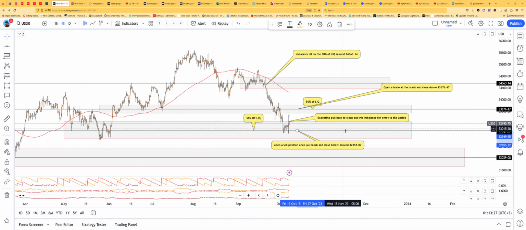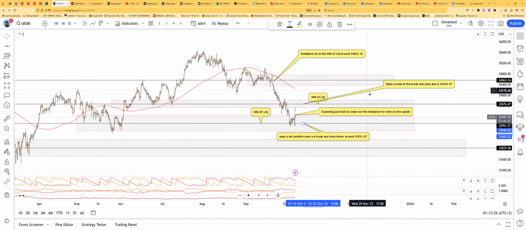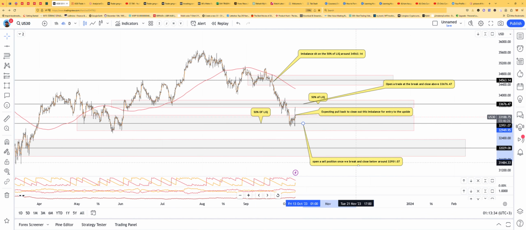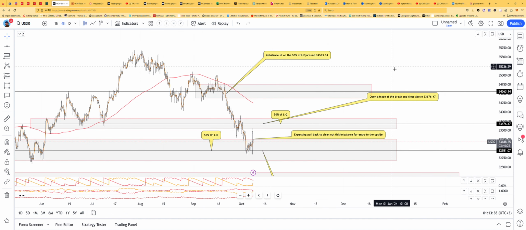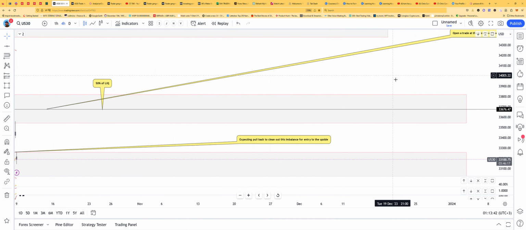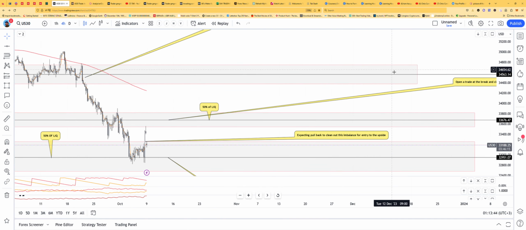Alright, so I think the write-up is too much now on the chart, but we're expecting a push to the upside. But if we don't get a push to the upside, and we want to get into the trade regardless, we want to sell because the market is still selling.